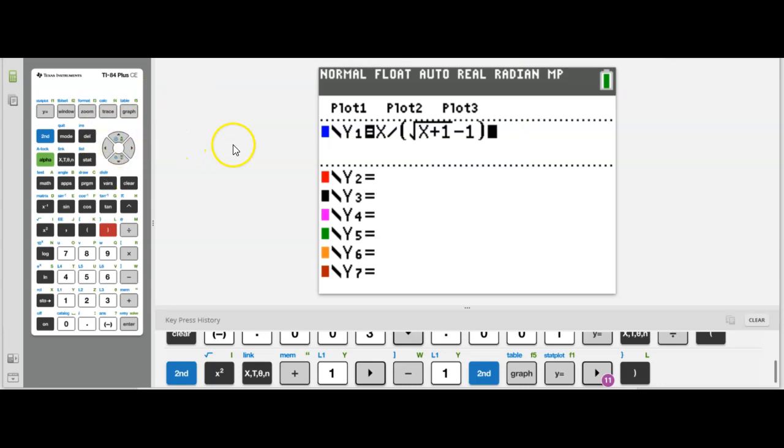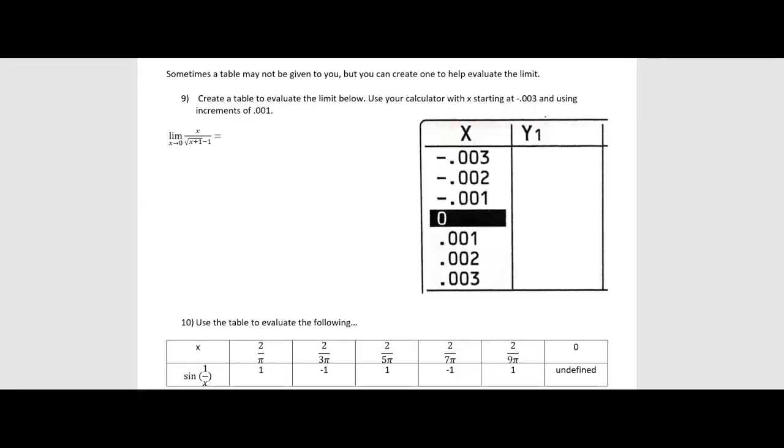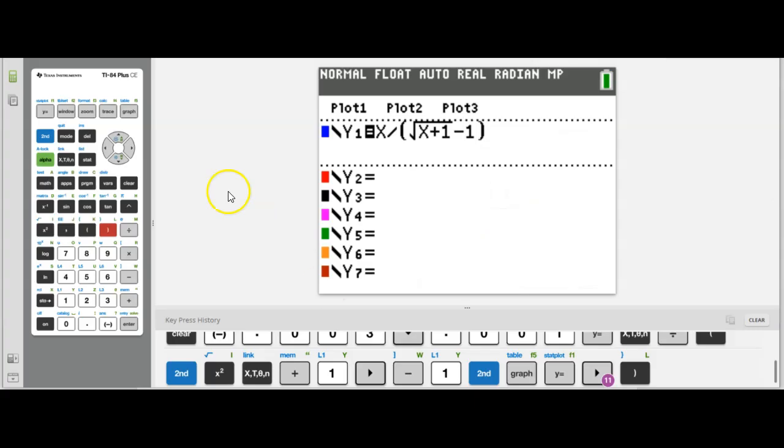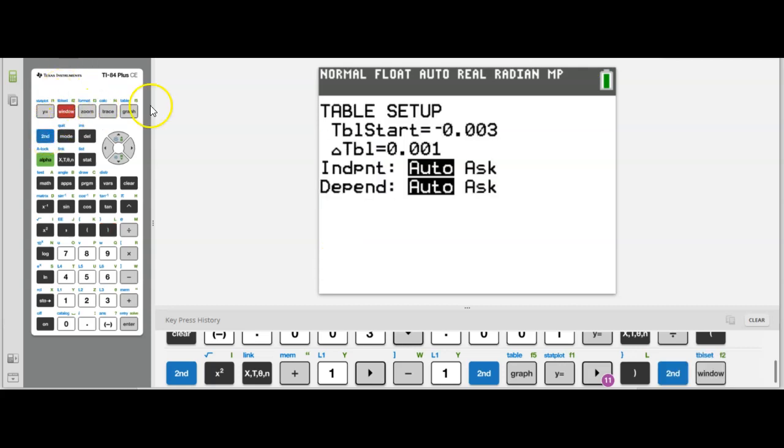You also want to make sure that your table is going up by the correct increment. So if we go back to the document, we see that the table starts at negative 0.003, and it's going up by 1,000th every time. So we need to replicate that on our calculator. So what you can do is do second window, because that'll go to your table set.